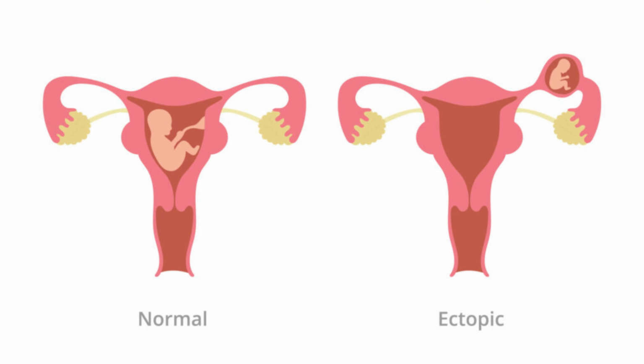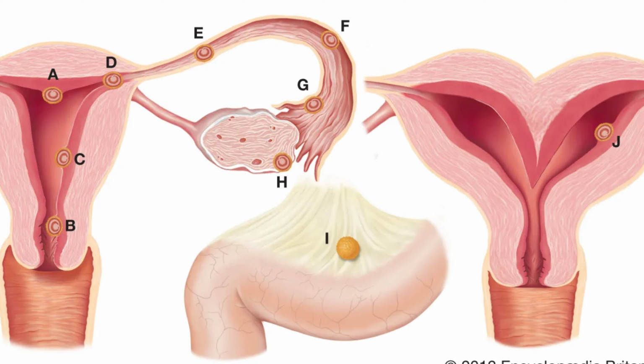So instead of growing in the uterus, it stays in the fallopian tube to grow, or sometimes outside the uterus.